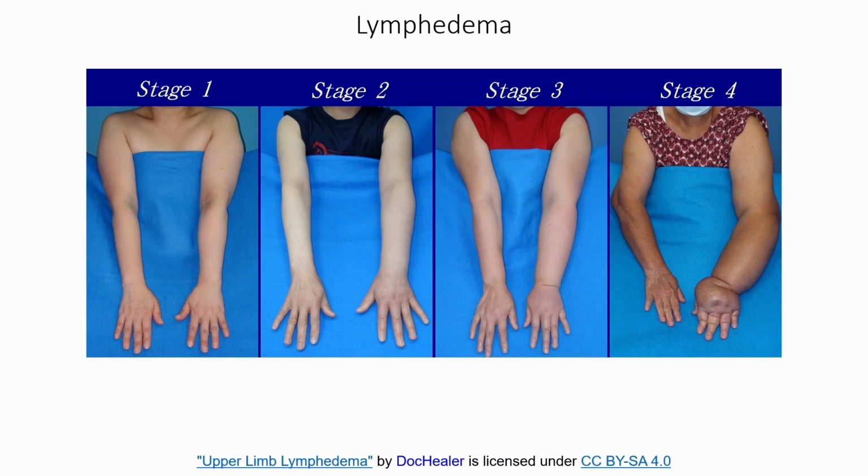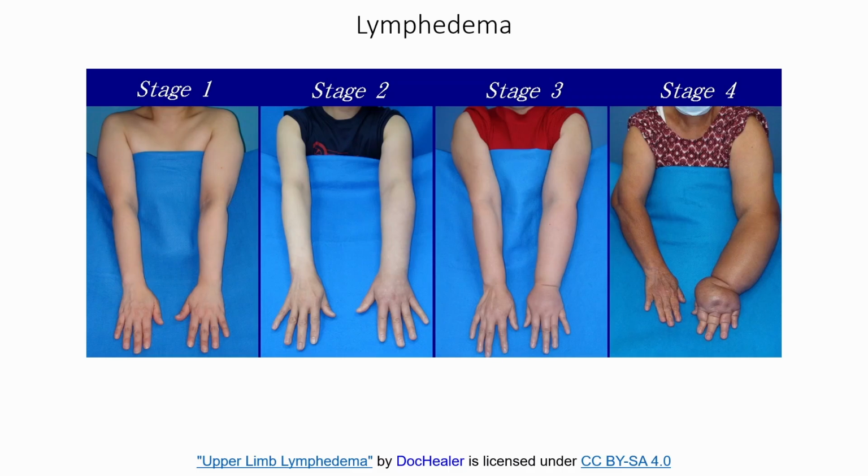So here in this one, if we look over on the left at stage 1, we see this person has maybe a slight difference between each of their arms, but for the most part it looks the same. As we progress to stage 2, we see that their left arm has become a bit more swollen. There's a noticeable difference, right, if we're looking at them side by side.